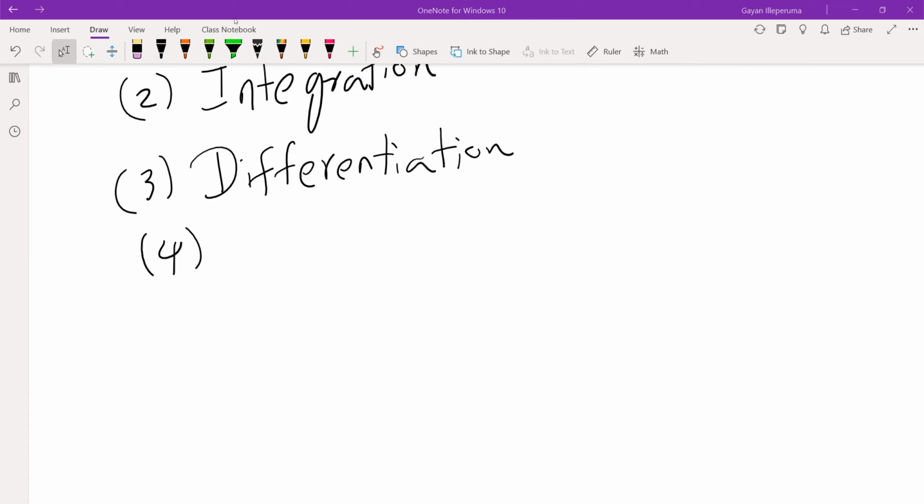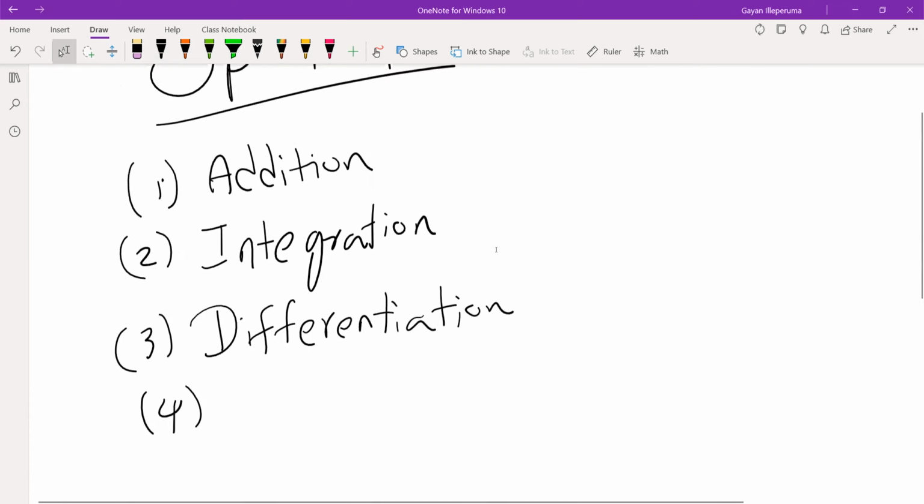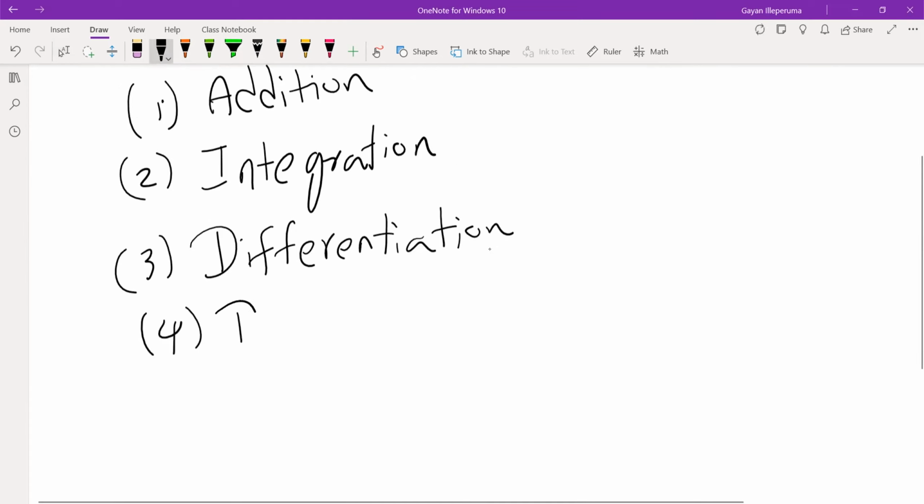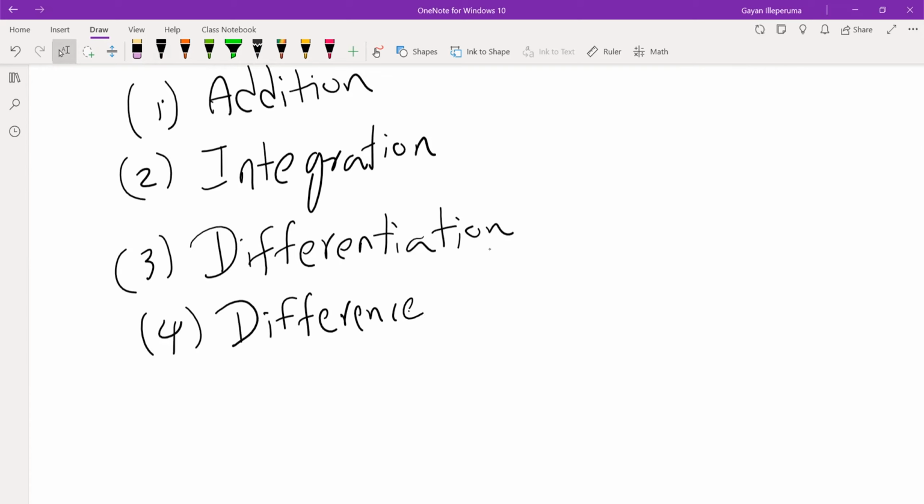No, I'm asking about mathematical operations. You can say difference. So this is similar to subtraction.